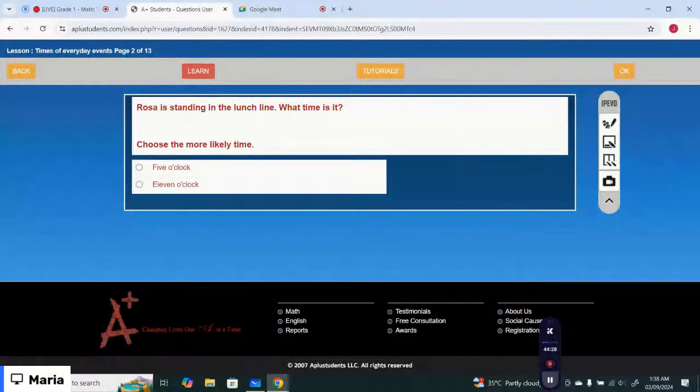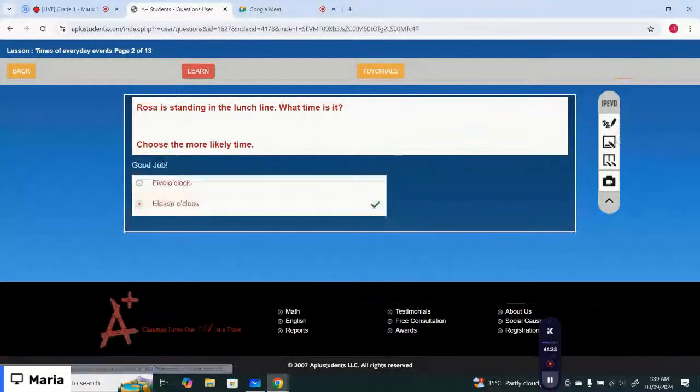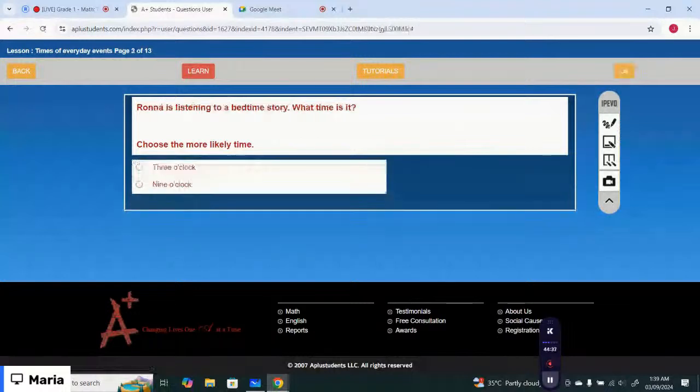The correct option is again that's lunchtime. So that is around 11 o'clock, right? Not 5 o'clock. 5 o'clock is in the evening, and we have lunch in the middle of the day.